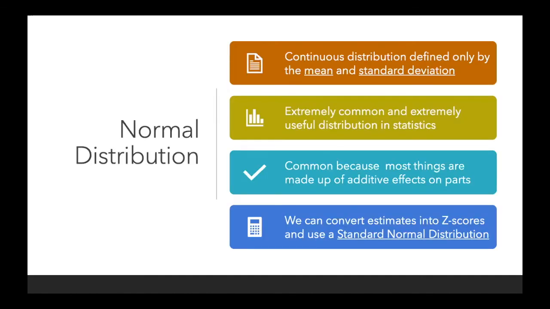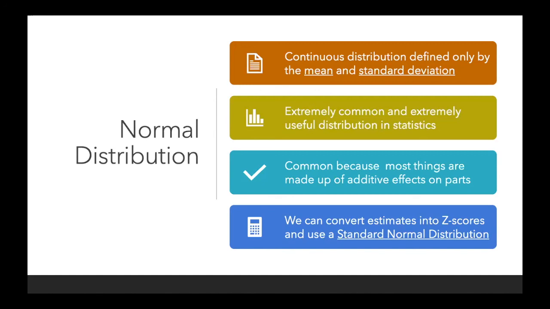So here we've talked then about the normal distribution, which is our first example of a continuous distribution that can be defined by only 2 parameters, the population mean and the standard deviation. The normal distribution is an extremely important distribution in statistics because it's extremely common and really useful for calculating probabilities.